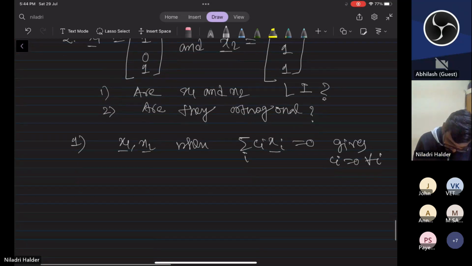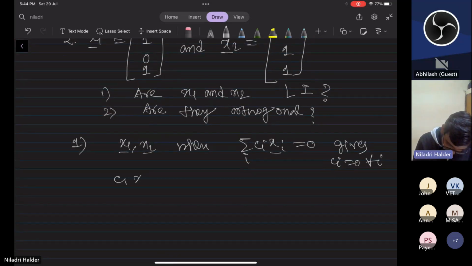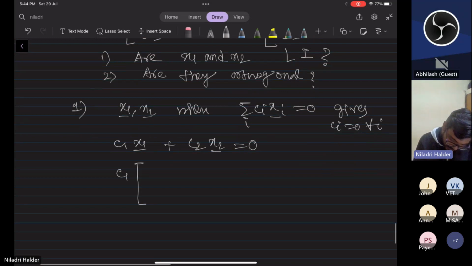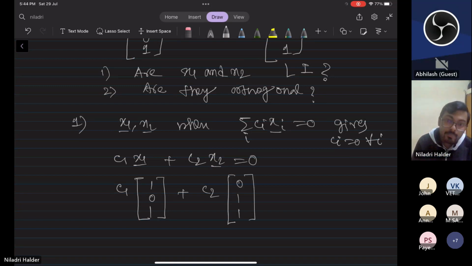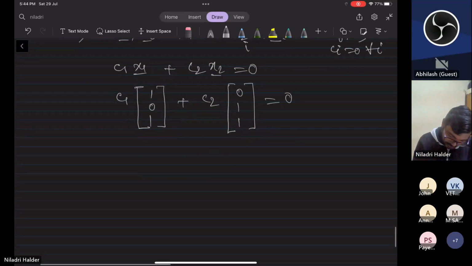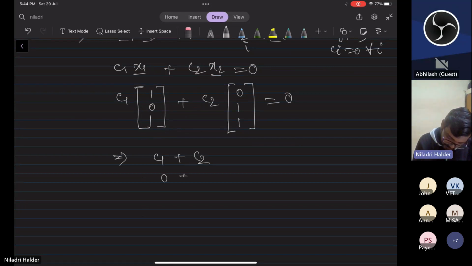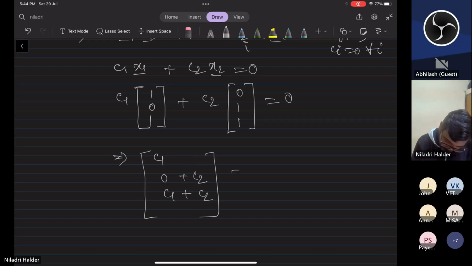Suppose c1 x1 plus c2 x2 equals 0, then c1 times 1 0 1 plus c2 times 0 1 1 equals 0. That gives c1, then c2, then c1 plus c2, equal to 0.